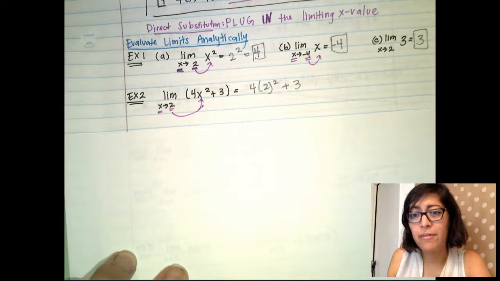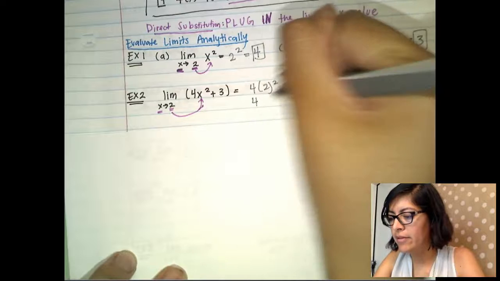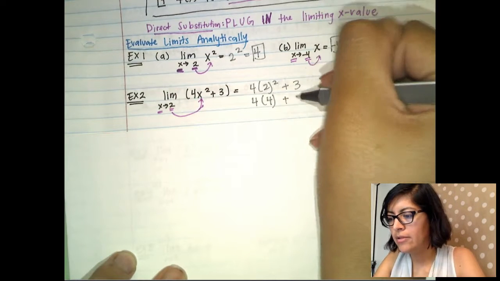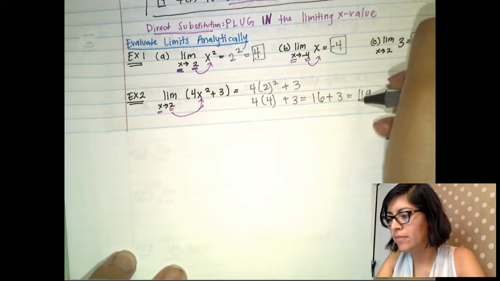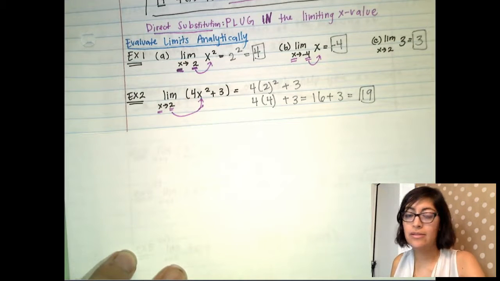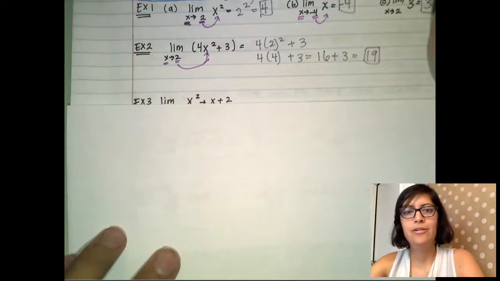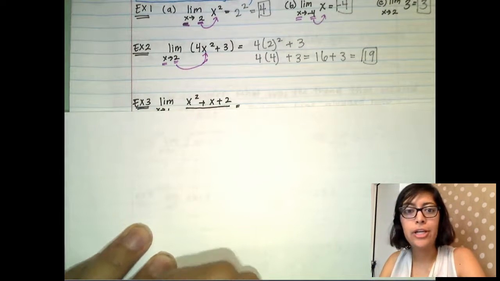Biggest thing on here is you have to remember your order of operations, which you guys have been doing for a very long time. So this is going to be times 4, plus 3, which is 16, plus 3, which is 19. So the limit for this one is 19. Easy peasy. Nothing weird happened. As long as nothing weird happens, you are good.